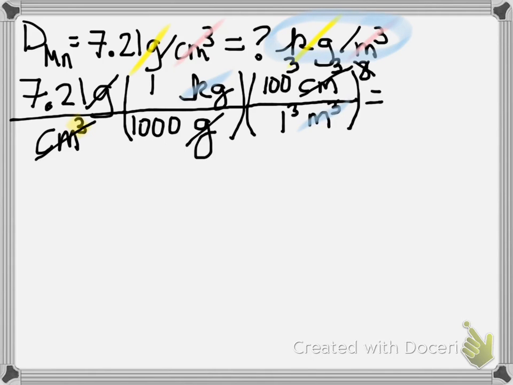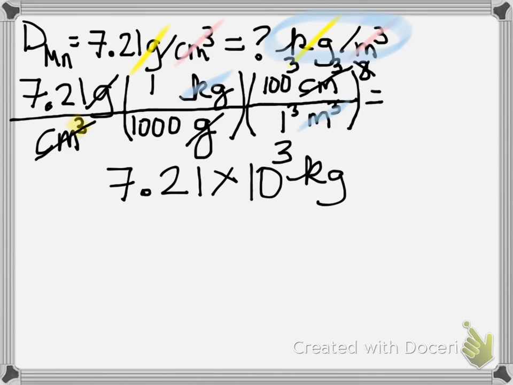So now I just have to do the math. I need to take 7.21 and multiply it by 100 cubed, and then divide that answer by 1,000. When you do that, you should end up with an answer of 7.21 times 10 to the third kilograms per meter cubed.